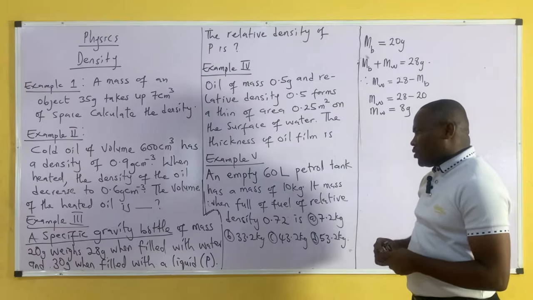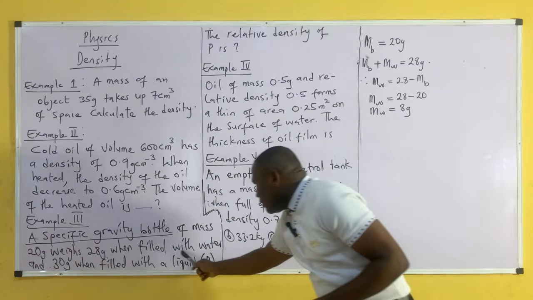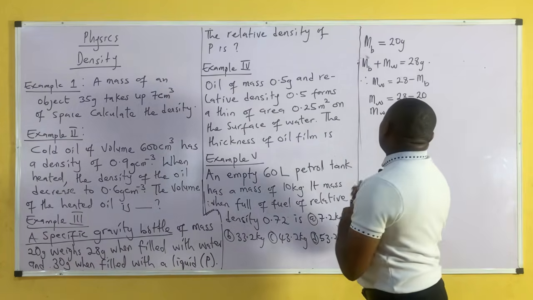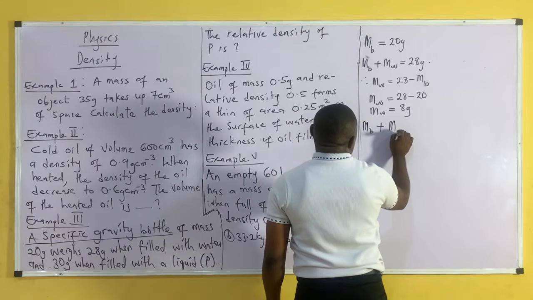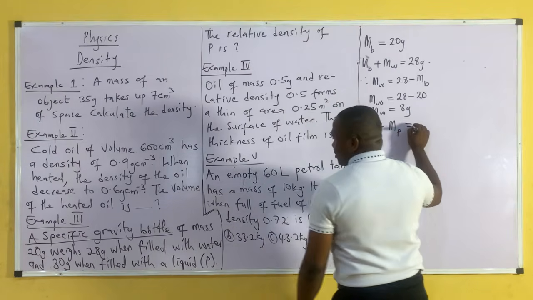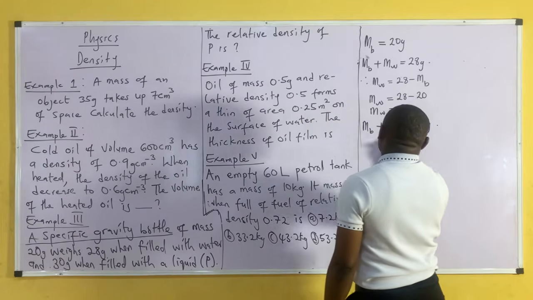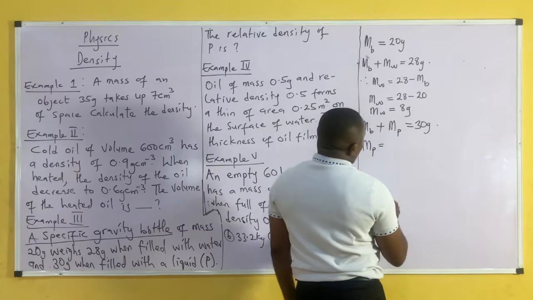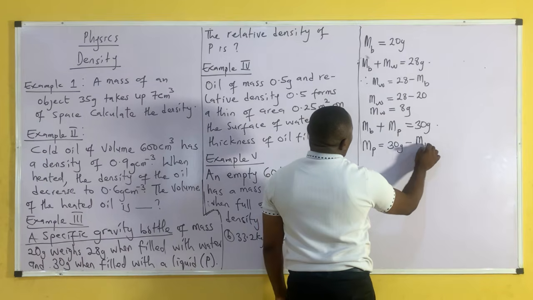So let's continue with the question. It says mass 20 grams, weighs 28 when filled with water, and 30 when filled with a liquid P. So now I will say mass of bottle plus mass of liquid P is equal to 30 grams. So what is now the mass of liquid P? Mass of liquid P will be equal to 30 grams minus mass of bottle.